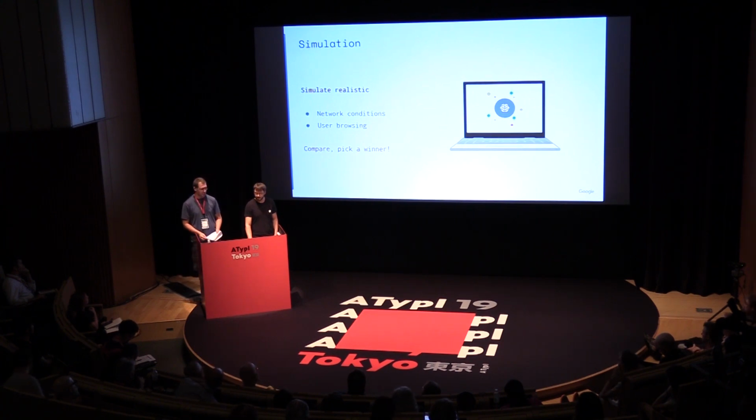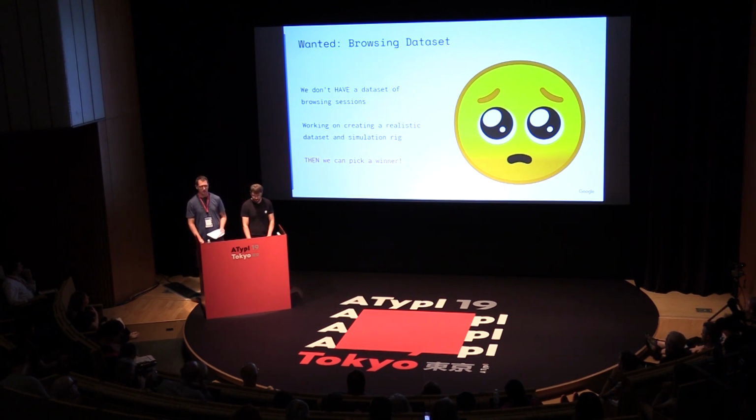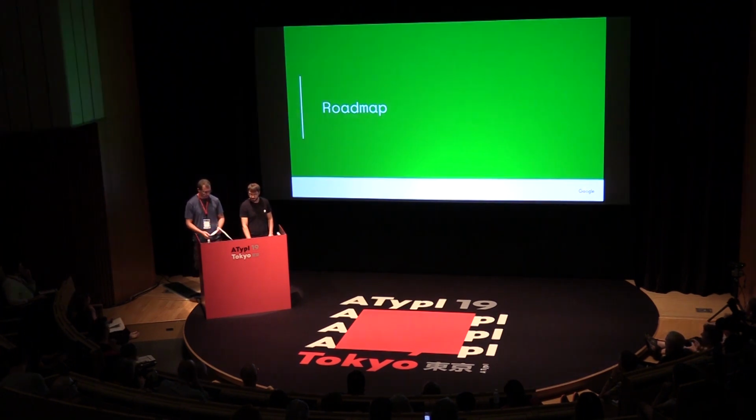If we had those things, we could put together a pretty good simulation of how each proposal would work and use that to pick a winner. The problem is that we need that data set of browsing session data, and we don't have it. So creating that data set and rigging up the simulation is really the next big step for this project. And once we've got that all done, then we can pick the winner.